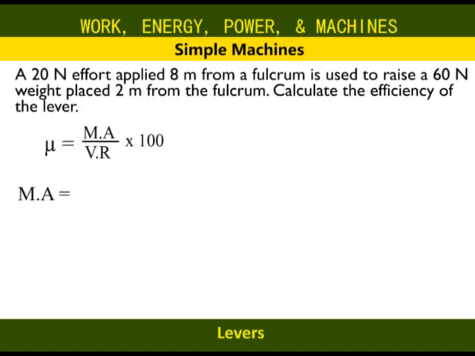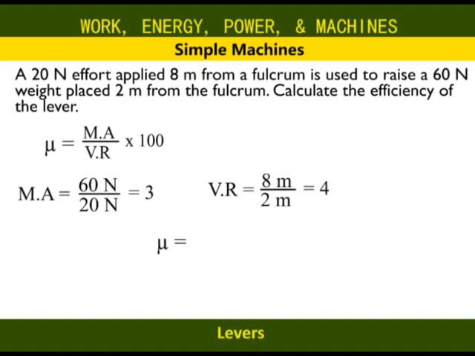Mechanical advantage is equal to load over effort, that is 60 over 20, giving us 3. Velocity ratio is equal to effort distance over load distance. In this case, it will be 8 over 2, giving us 4. And therefore, the efficiency will be 3 over 4 times 100, giving us 75%.